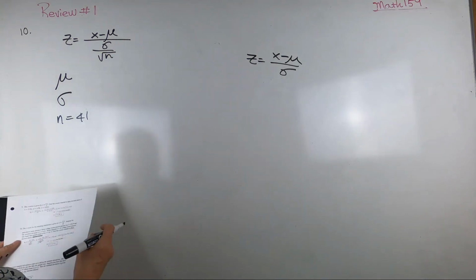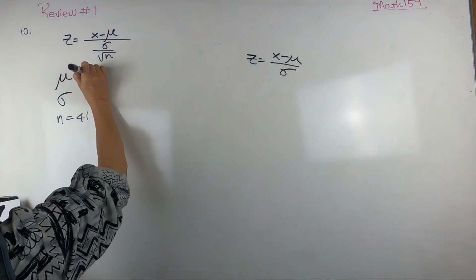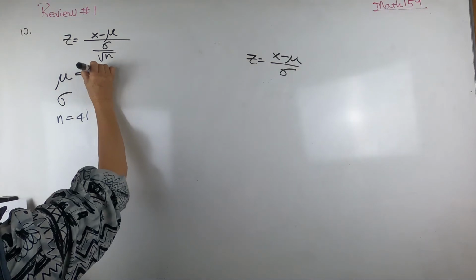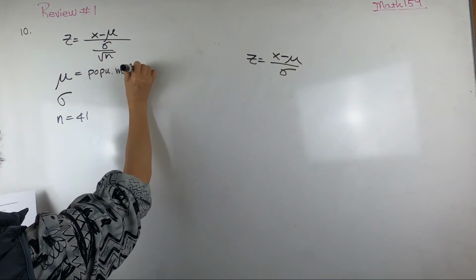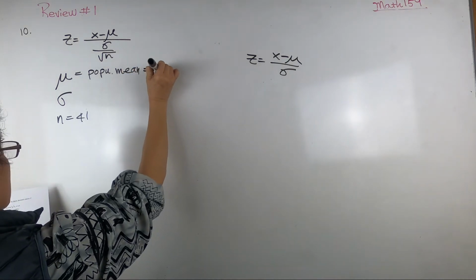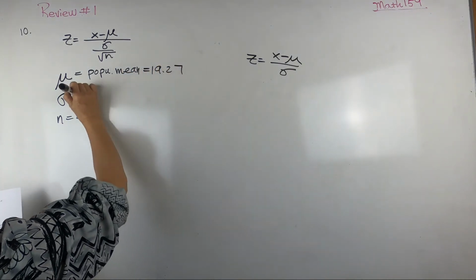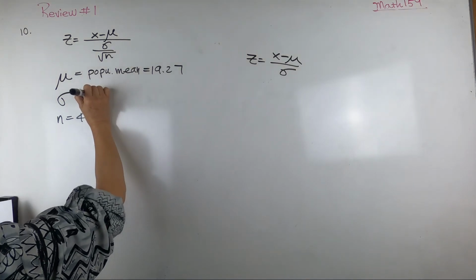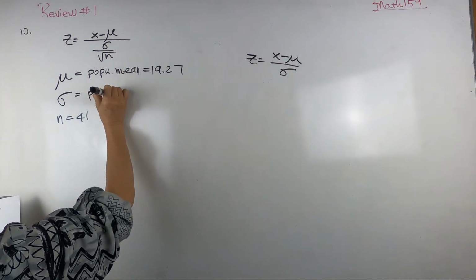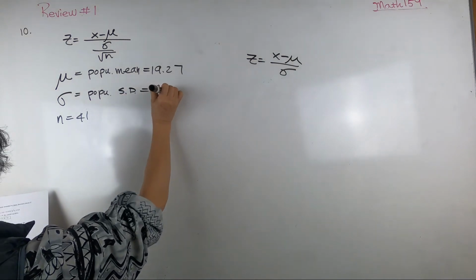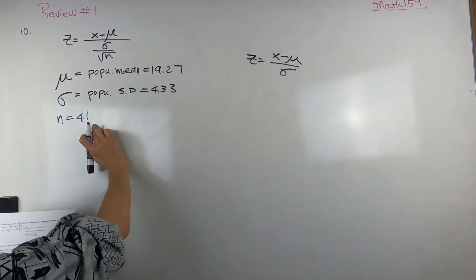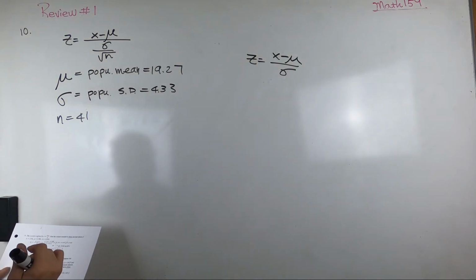Okay, so mu is your population mean, which is 19.27. Sigma is your population standard deviation. Okay, it's 4.33. Then the sample size is 41.